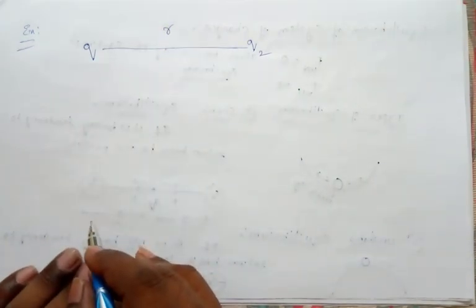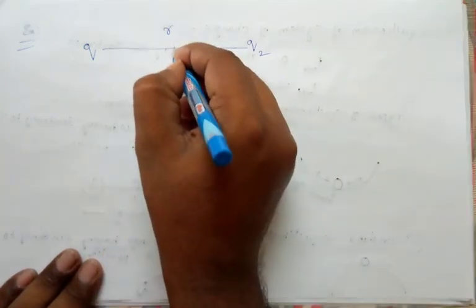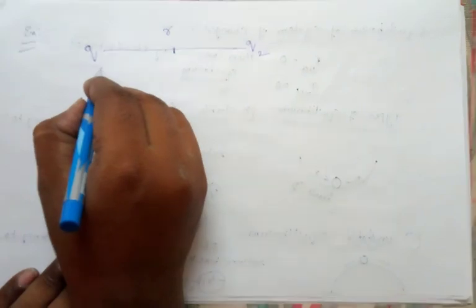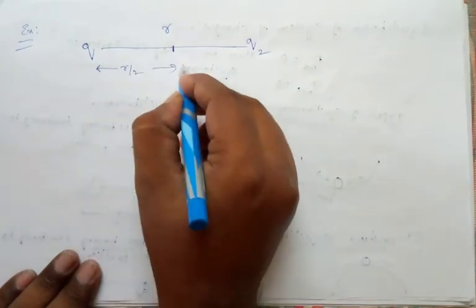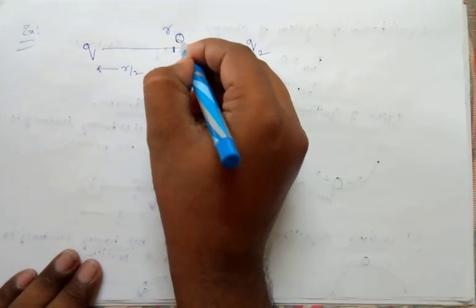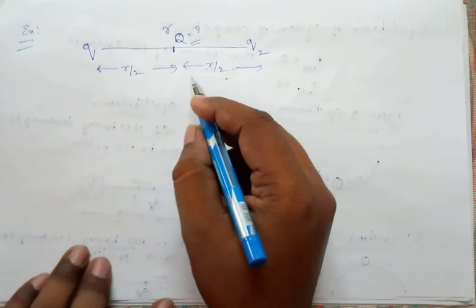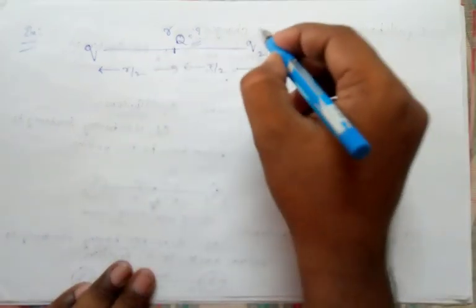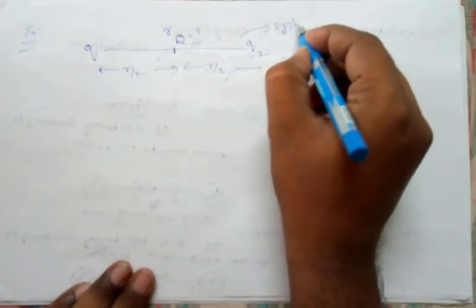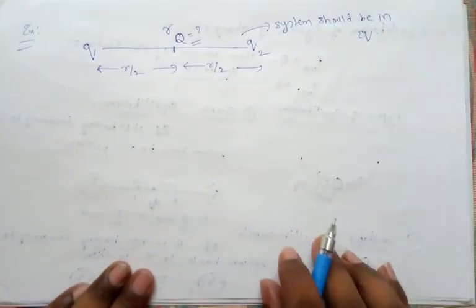What charge, if you locate it at the center of the line joining the two charges, that is at r by 2, in polarity as well as magnitude, should make the system be in equilibrium.